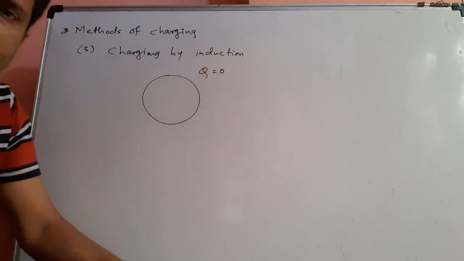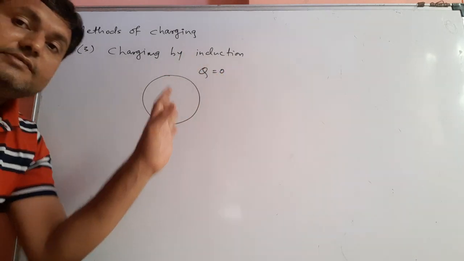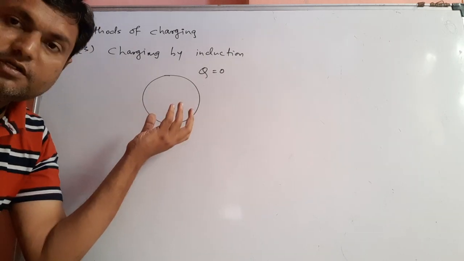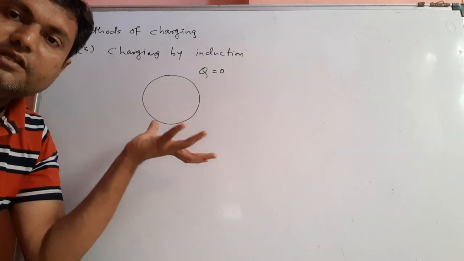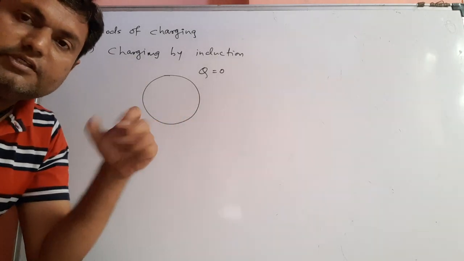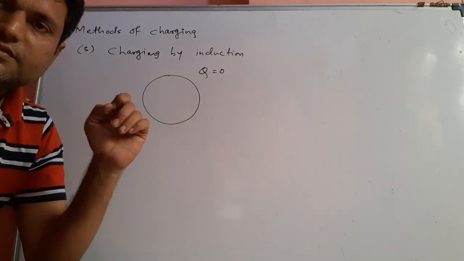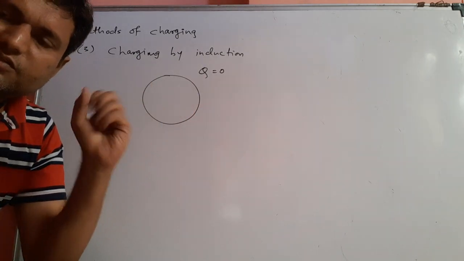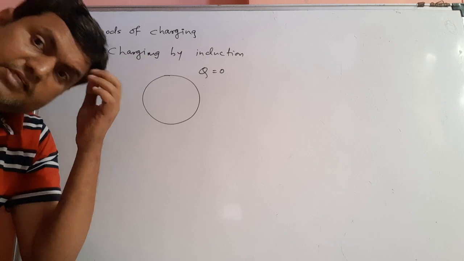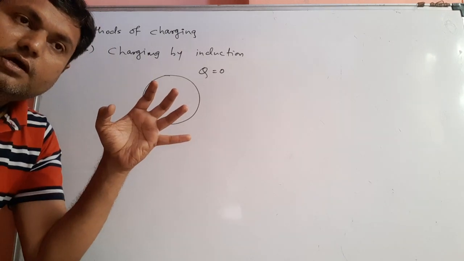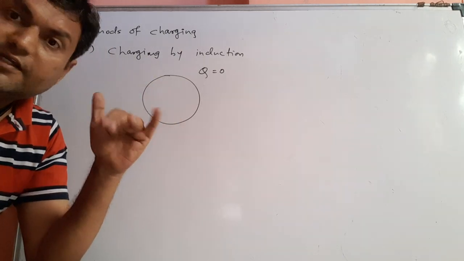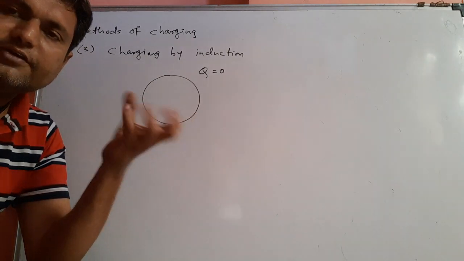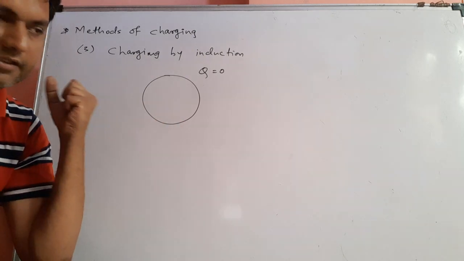So charge on the body is 0 and it is isolated from the surrounding, because we have to show a condition: this is a conducting material, but the surrounding should be dielectric. What a dielectric is, we will discuss in the next video. Dielectric means nothing but non-conducting materials; these materials do not conduct electricity but they can transfer the electrical effect, meaning they can transfer the electric field.